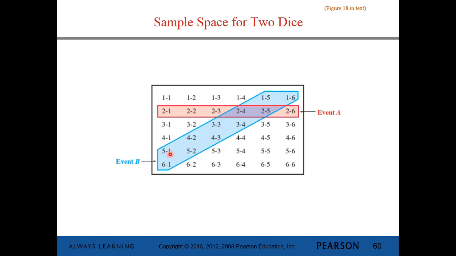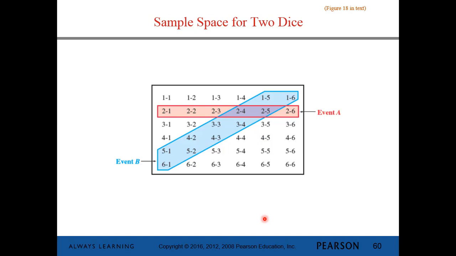That's going to be 11 out of 36. And what's the probability of getting both? That's 2 out of 36. So if I add this, I get 11 plus 6, which is 17, minus 2, which is 15, I get 15 out of 36, or 5/12.